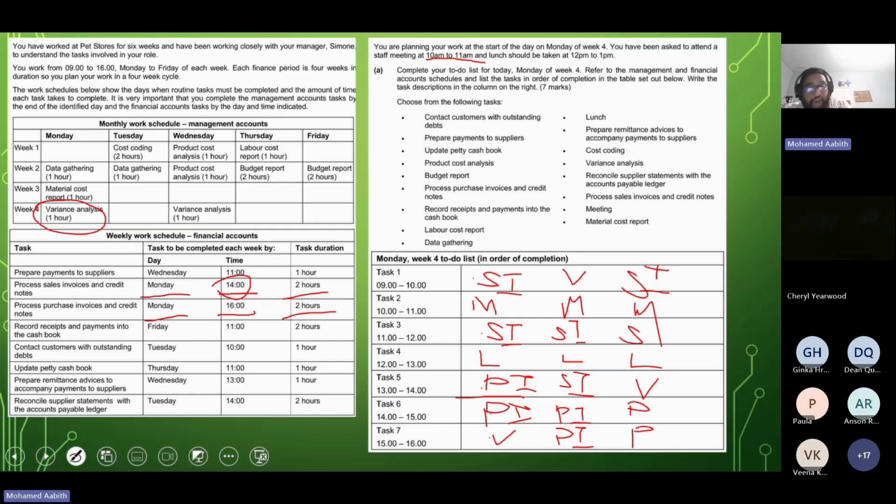But what I will not recommend is doing the sales invoice, meeting, variance, lunch, and then the sales invoice. I will not do that. Why? You're basically splitting your task. We need to do that for 2 hours. It doesn't mean you bring in another task which is something you do on a regular basis within that time.